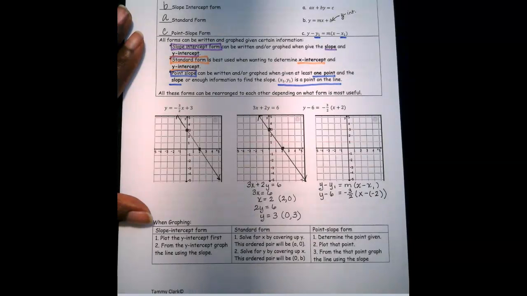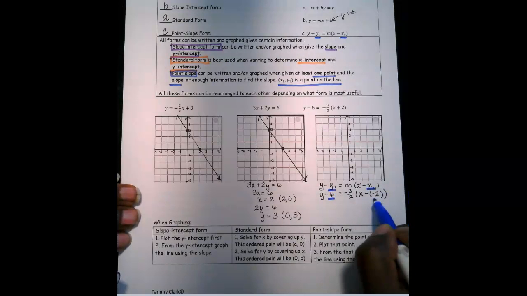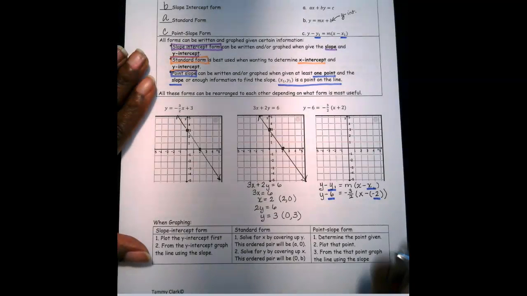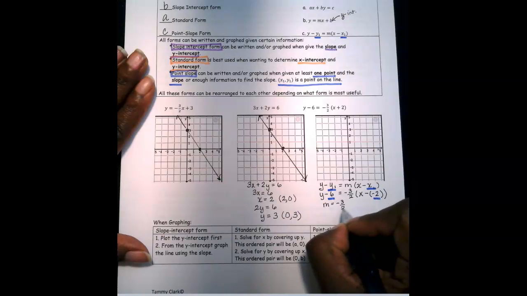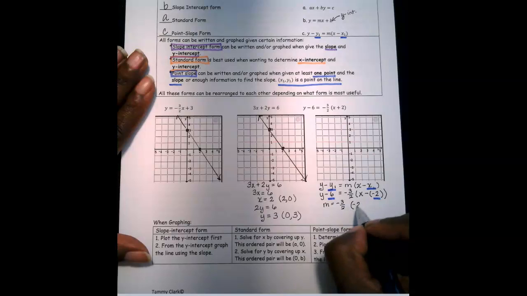So my points then would be negative 6, because that's y1, and x1 is actually negative 2. So when I write this point, my slope again is negative 3 over 2, and my point, I write my x first, is negative 2 and positive 6.